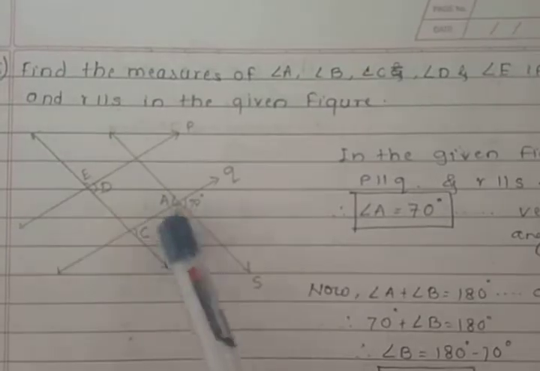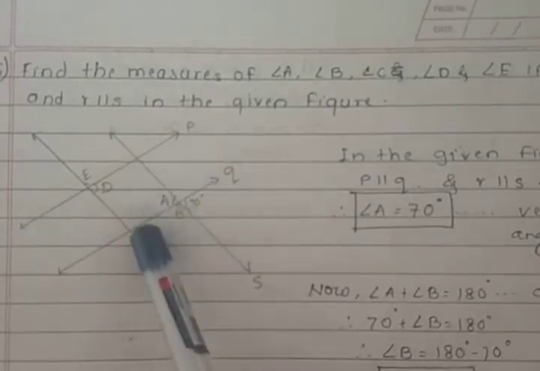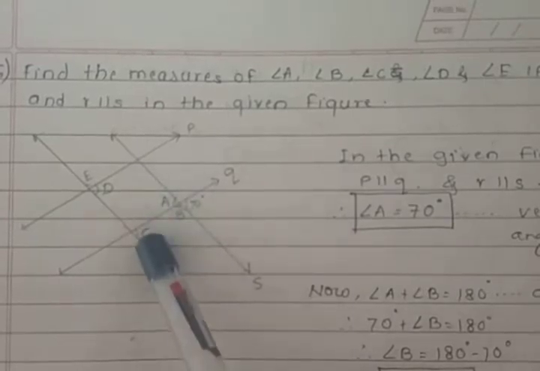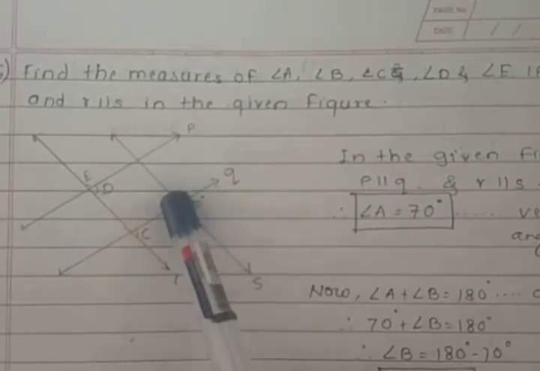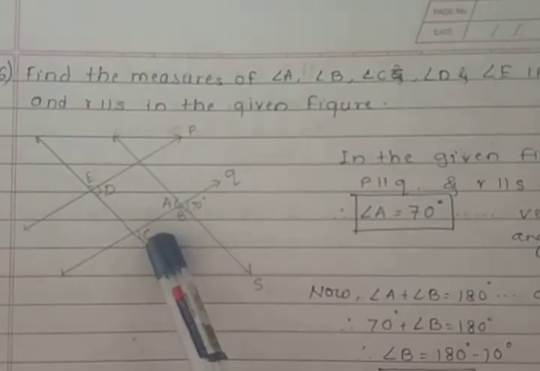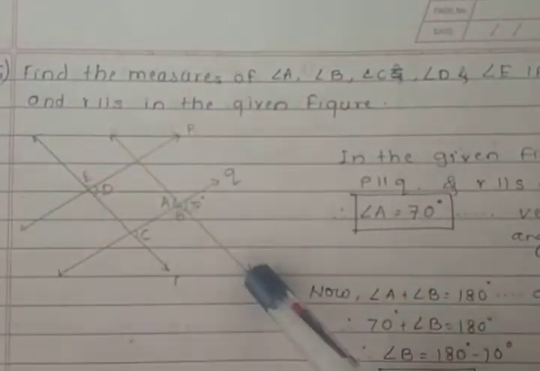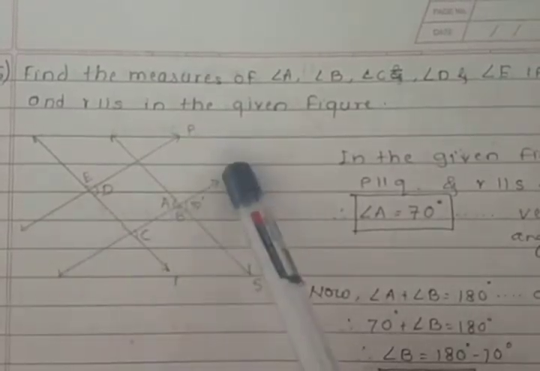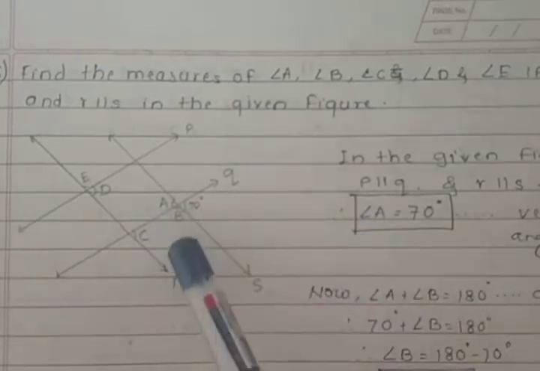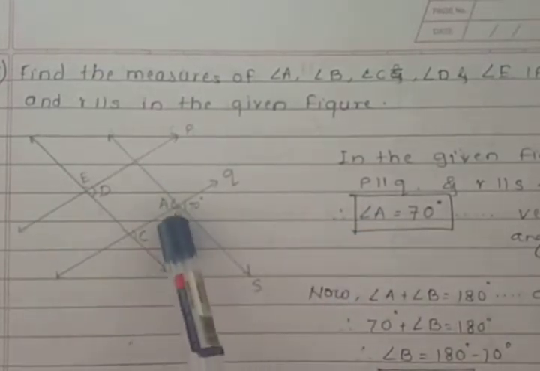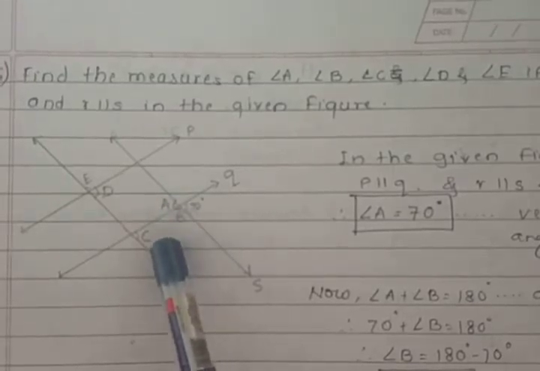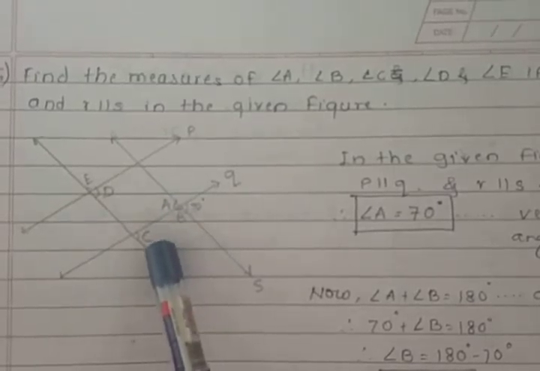Or if you want to compare A and C, these are alternate interior angles. So whatever the measurement of angle A, that much will be the measurement of angle C. As we know that R and S are parallel and Q is a transversal, so A and C both are equal, because these are alternate interior angles, and we know that the measurement of angle A is 70 degrees. So angle C will be 70 degrees.